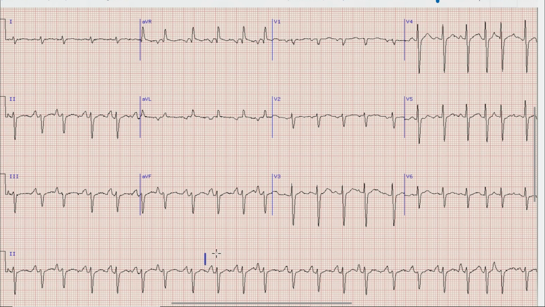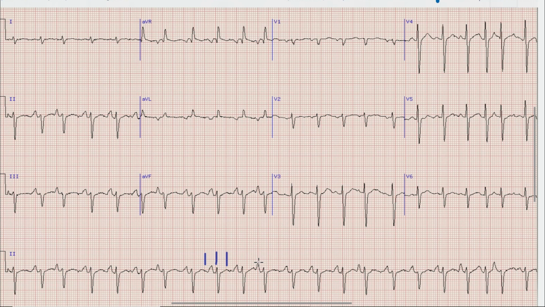We'll calculate the large boxes between this QRS complex and next QRS complex at 300, 150 and 100. The second QRS complex lies between 150 and 100. It is slightly less than 150 beats per minute.